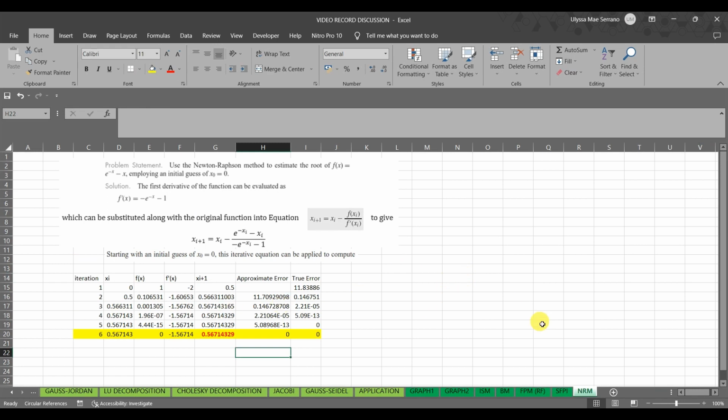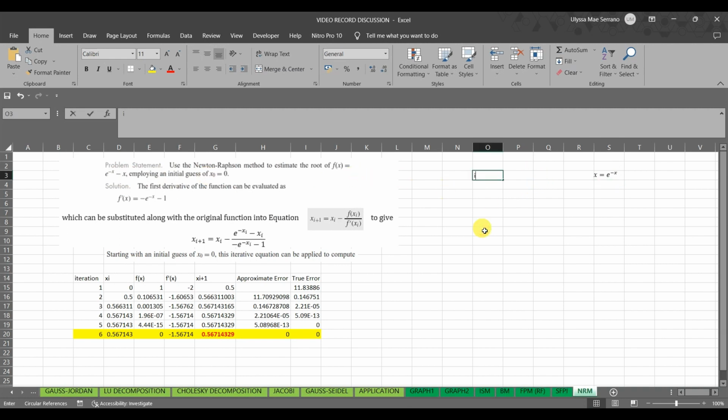So, let's try applying the simple fixed point iteration to this given function. Simply by rearranging the function of x equals 0, we will have an equation of x equals e raised to negative x. So, this is simply rearranging the function of x which is equated to 0.